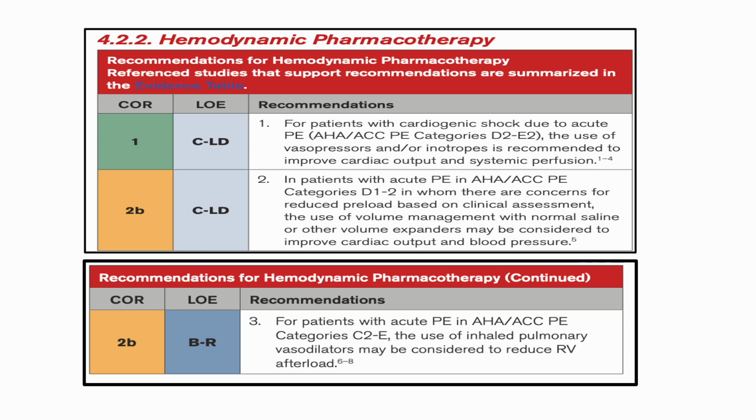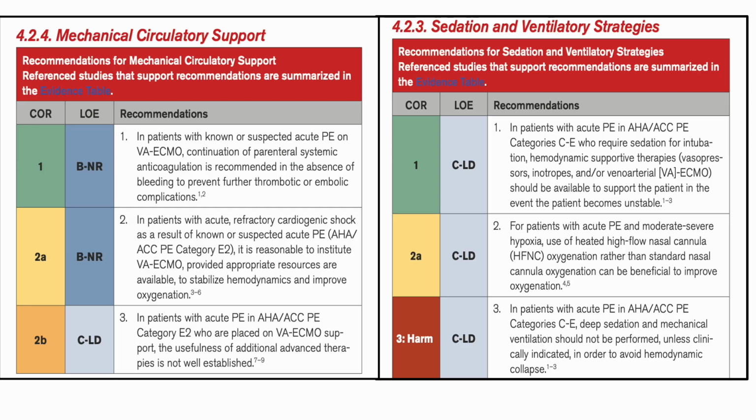the use of vasopressors and inotropes is recommended. Grade 2B, for patients in category C2 to E, the use of inhaled pulmonary vasodilators may also be considered to reduce the RV afterload. Now talking about mechanical circulatory support.